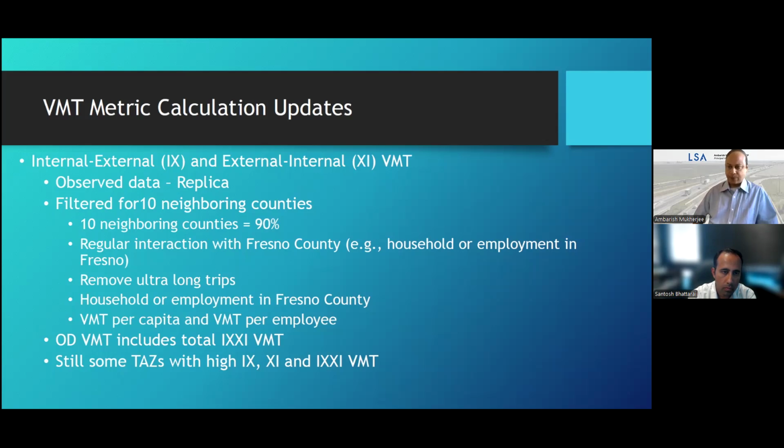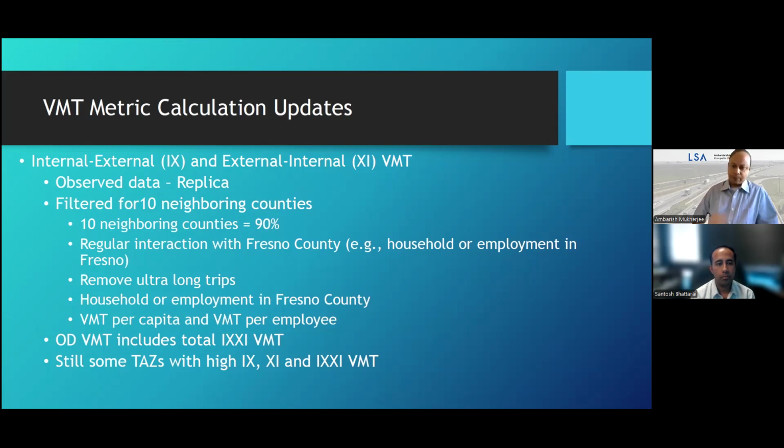For OD VMT per service population, the trip purpose doesn't matter. We are supposed to include all trips, irrespective of trip purpose. So for that, we went back and relied on the IXXI OD VMT trip tables from the model itself.